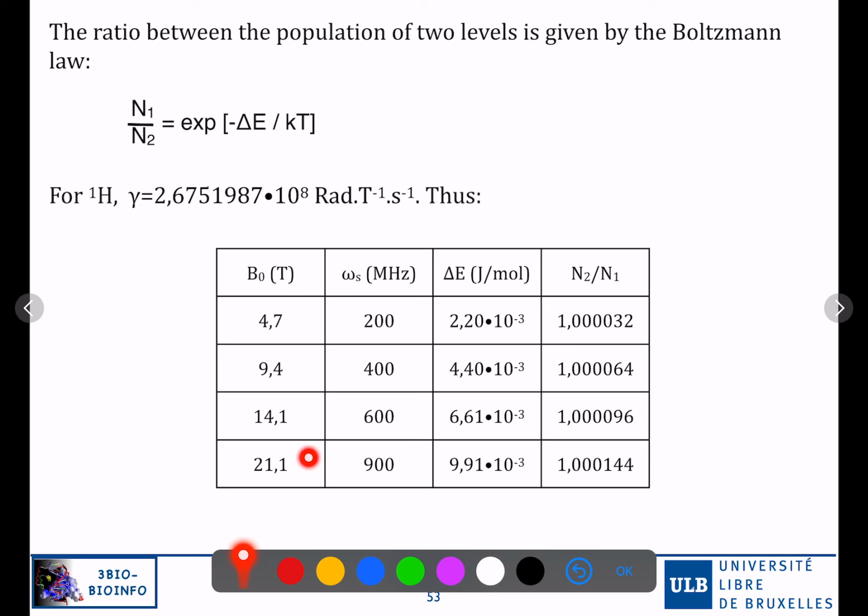Well, I say here that 21 Tesla is a very strong magnetic field. Just to have an idea, when you use a classical little magnet on a fridge, for instance, you see that sometimes you have a magnet that you put on your fridge. What is the magnetic field that is generated by these small magnets? In fact, these magnetic fields are very weak.